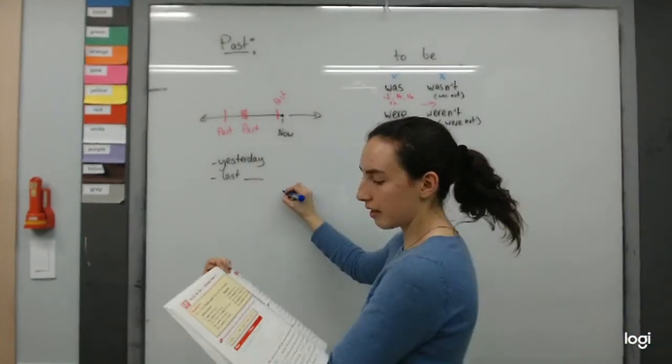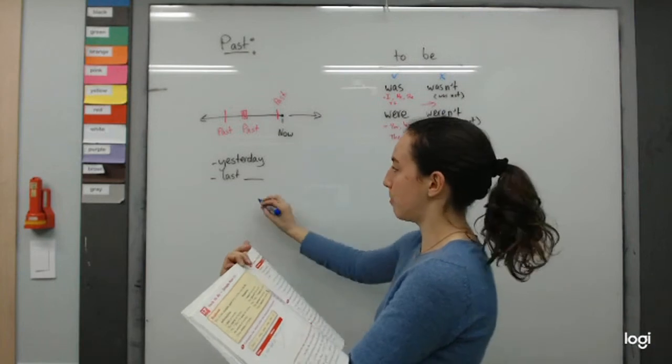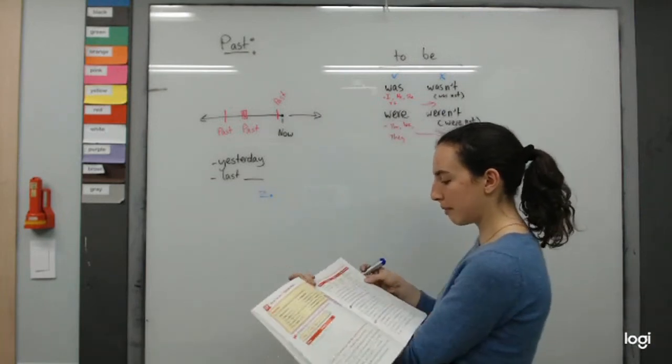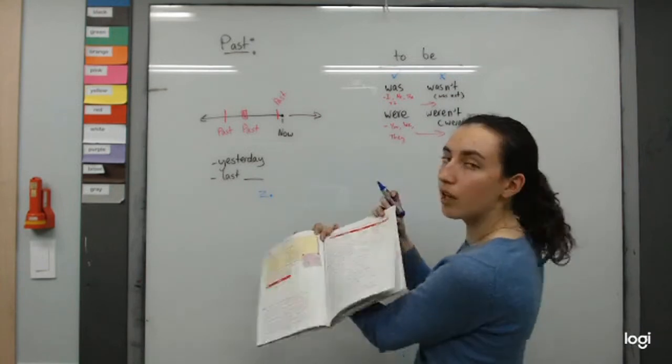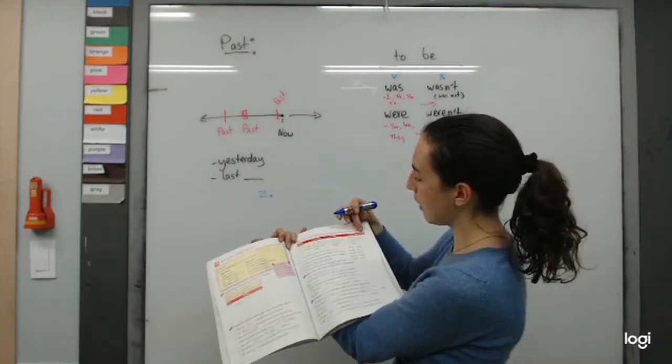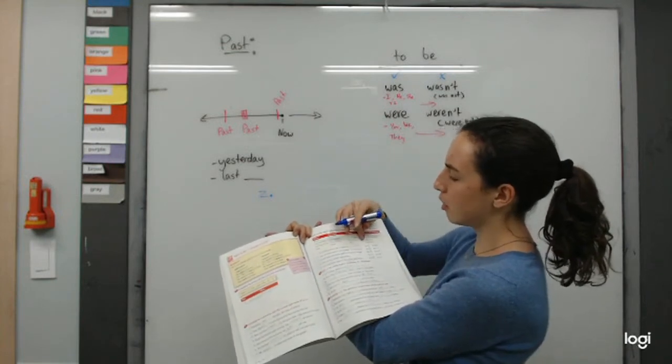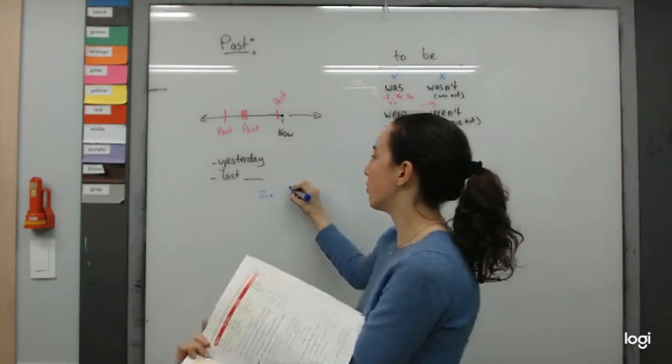So, let's see. Number 1, on Friday, Julie was in Paris. So, yesterday, we're in Shanghai. To figure out who was there, today is Saturday, yesterday is Friday, who was in Shanghai? Shanghai, Carl and Tony.